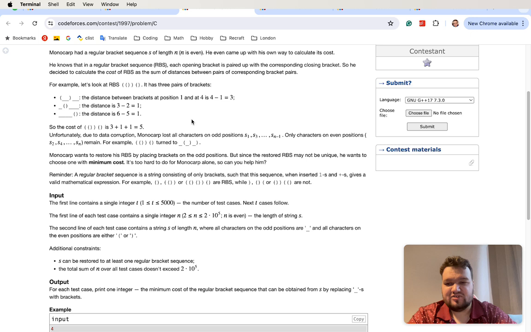So basically we want pairs of brackets to be as close to each other as possible, which kind of means we don't want to have big balances.